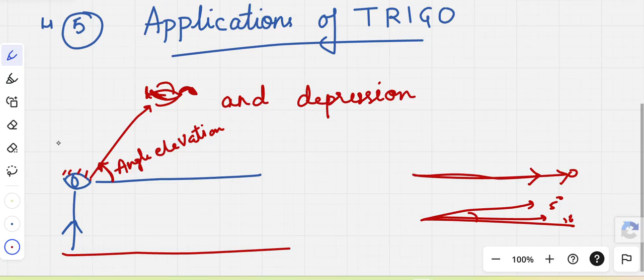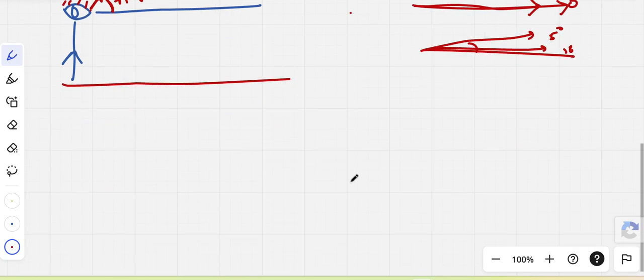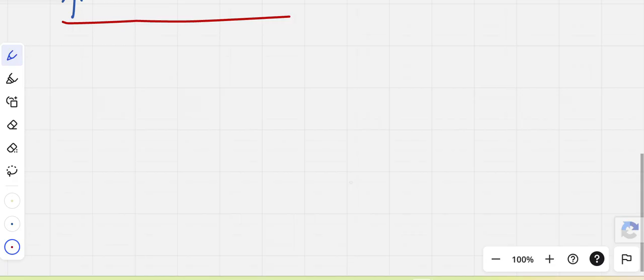And after that, what is this line? This line is the line of sight. I'm seeing something. Line of sight. Is it clear to everybody? Kids, is it clear to everybody? Yes, ma'am.